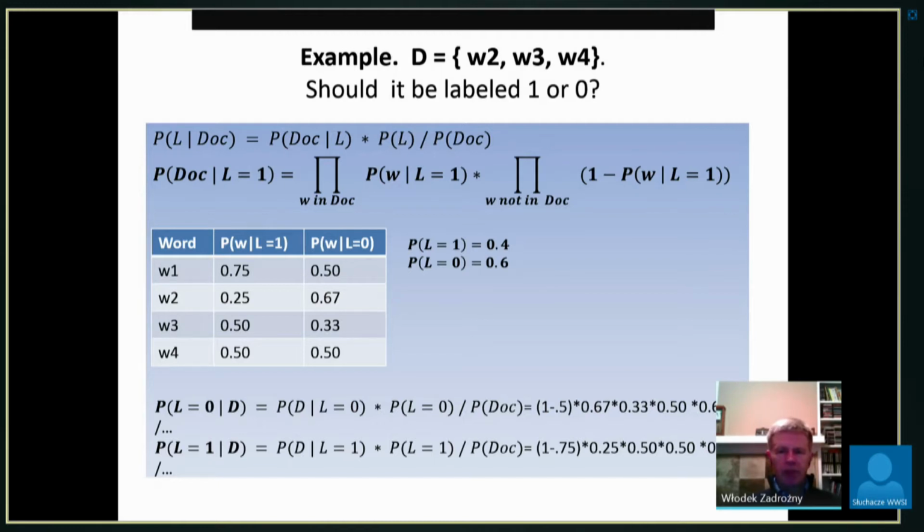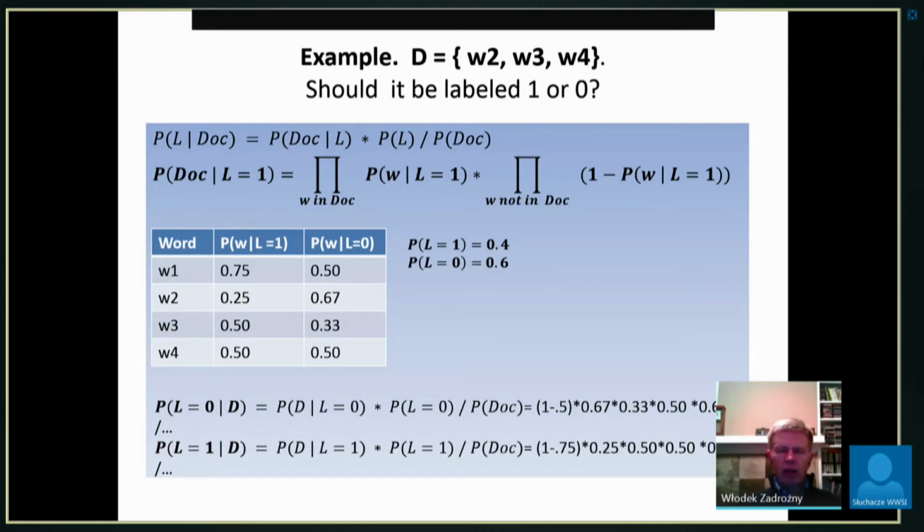Since word 1 is not in the document, for label 0 we use the complement, so 1 minus 0.5. And for label 1, we also use the complement, 1 minus 0.75.